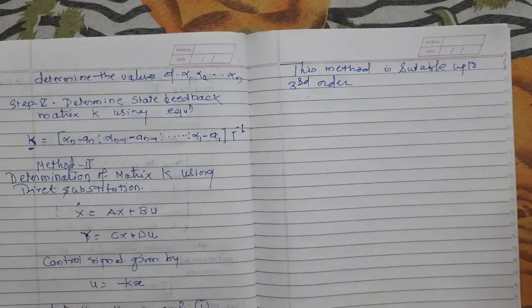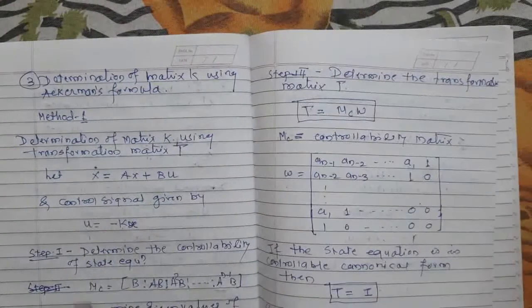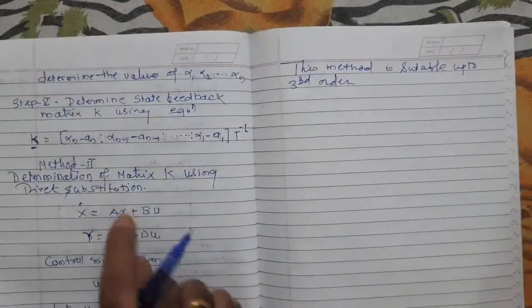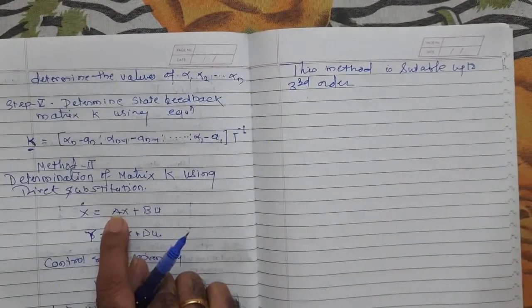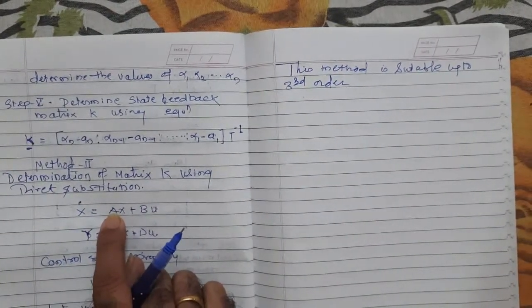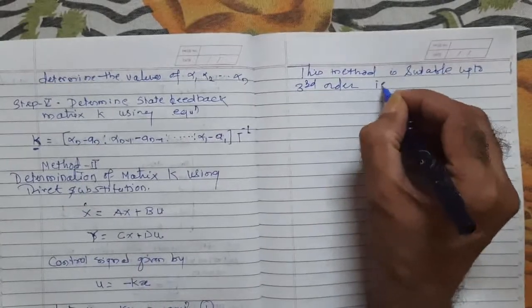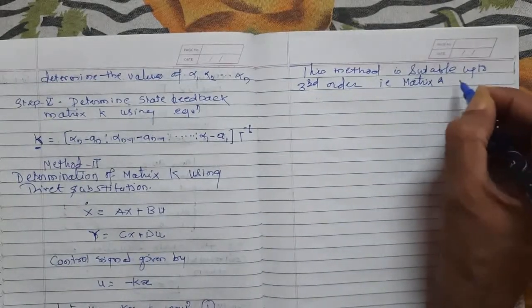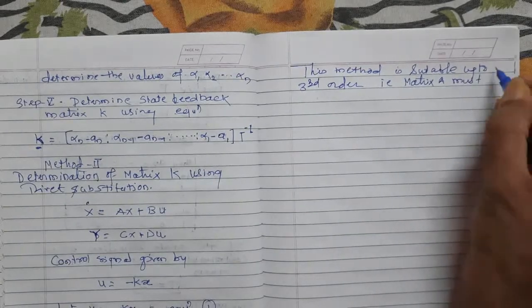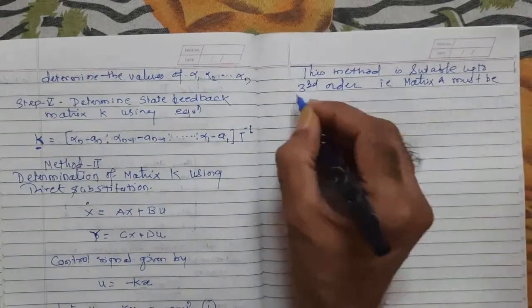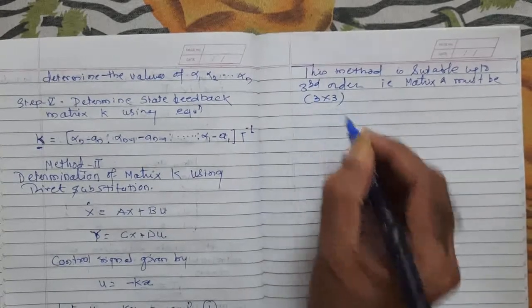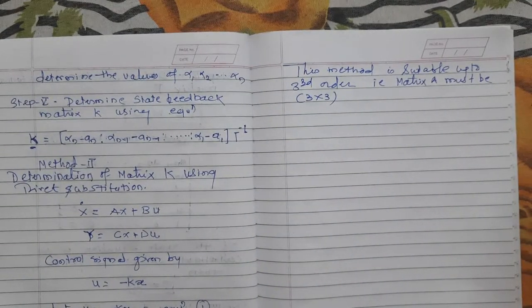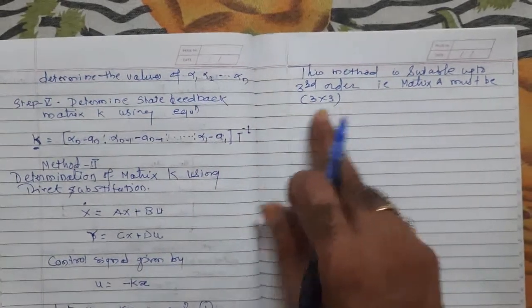Now see here, third order means in this equation our matrix A must be 3 by 3 maximum. 2 by 2 is okay, or 3 by 3.